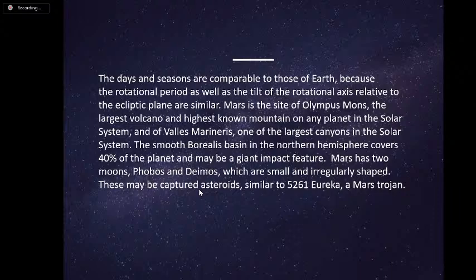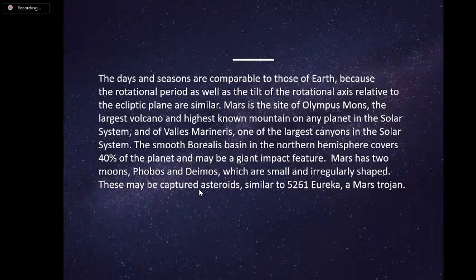The smooth Borealis basin in the northern hemisphere covers 40% of the planet and may be a giant impact feature. Mars has two moons, Phobos and Deimos, which are small and irregularly shaped. These may be captured asteroids, similar to 5261 Eureka, a Mars trojan.